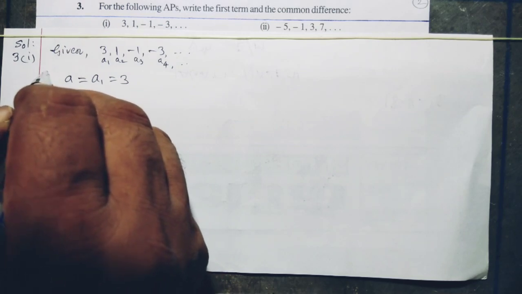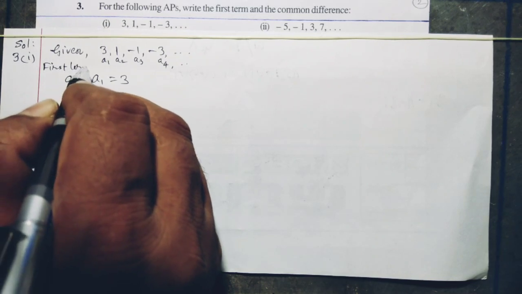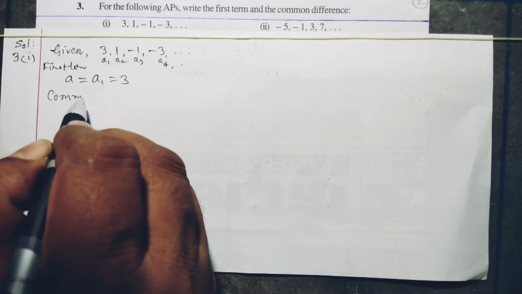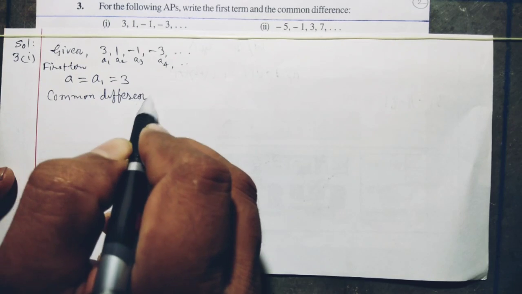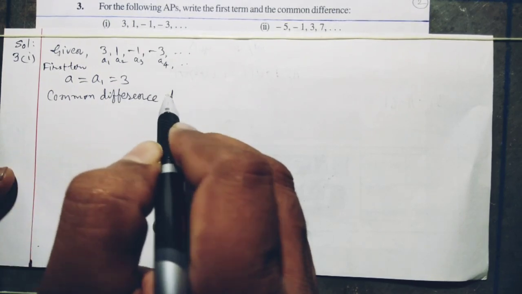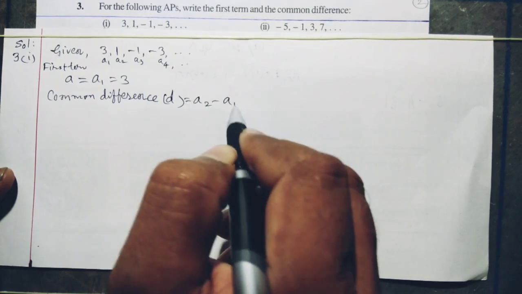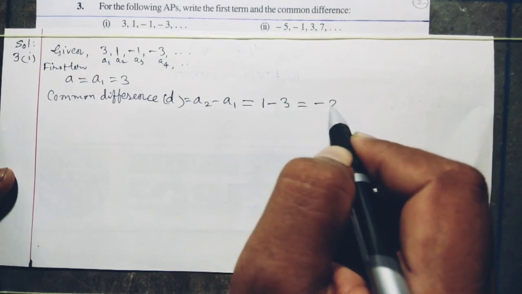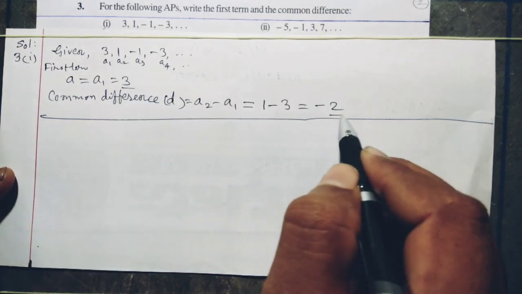Next, common difference D is equal to A2 minus A1, that is equal to 1 minus 3 is equal to minus 2. These are two answers. This is the first answer, this is the second answer.